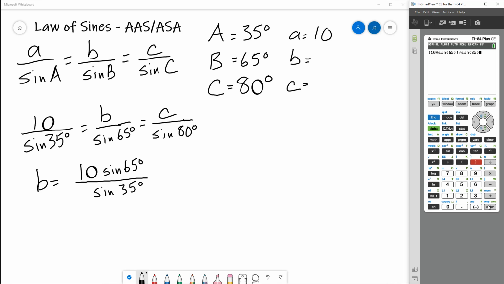And I'm going to hit enter. Oh, and this came up with a negative number. So what did I do wrong here? Because b and c have to be positive numbers. They're sides of a triangle.